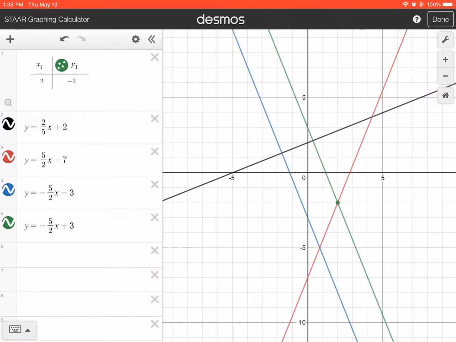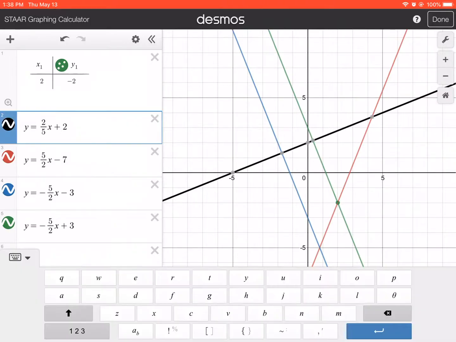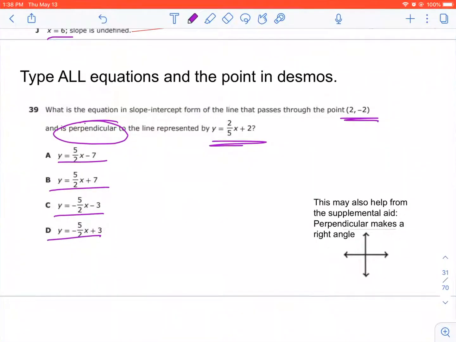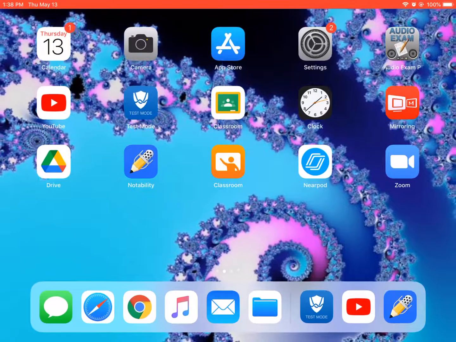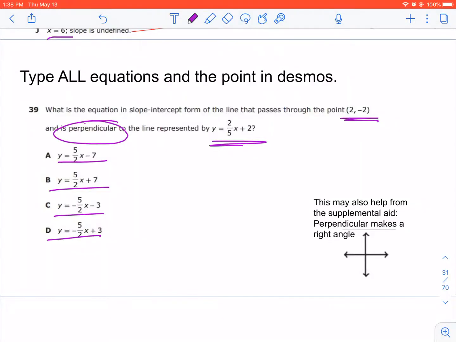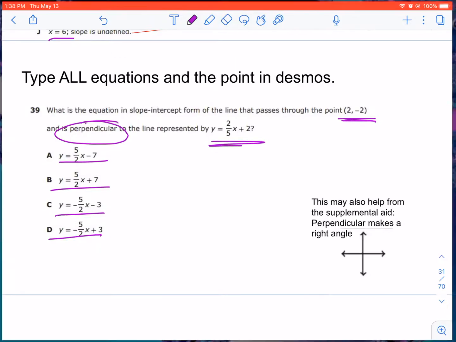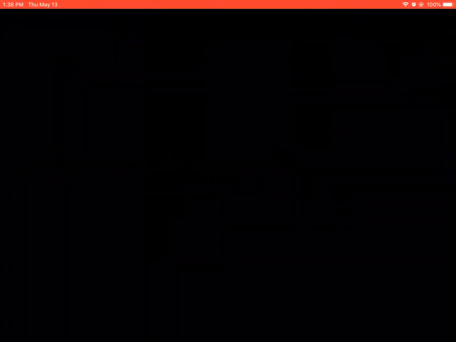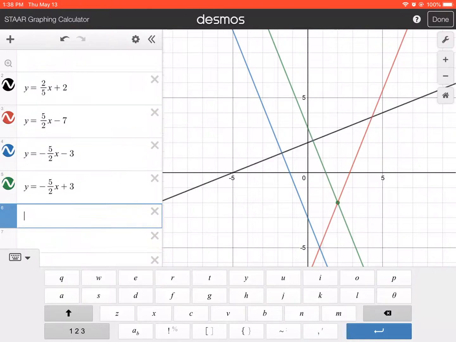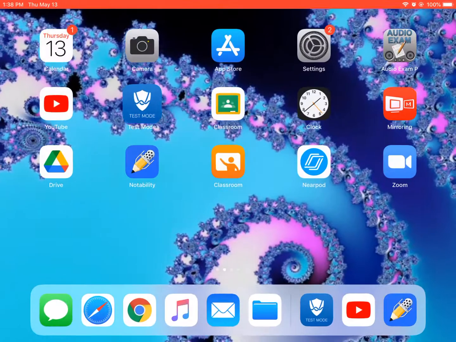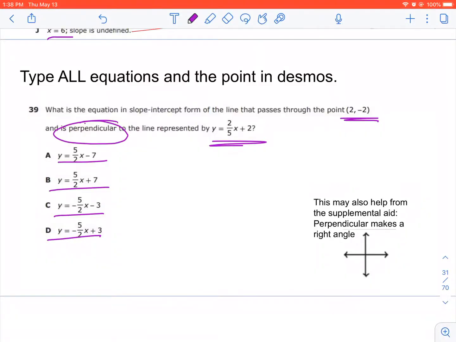So then I'm missing something else because there's 2/5 x plus 2. Then we have 5 over 2x minus 7. Negative 5 over 2x minus 3. And then plus 3.